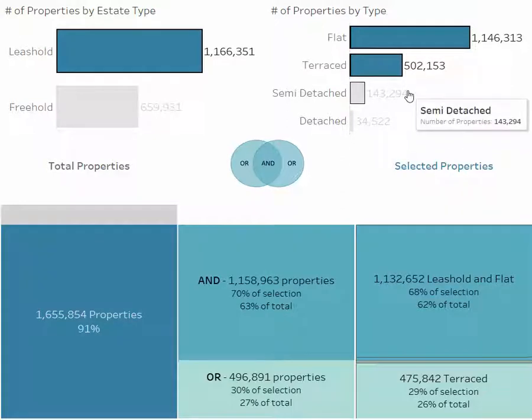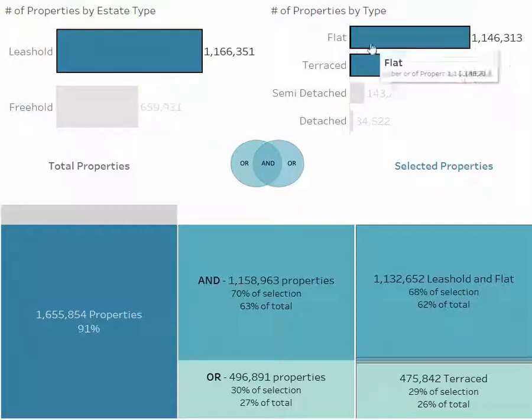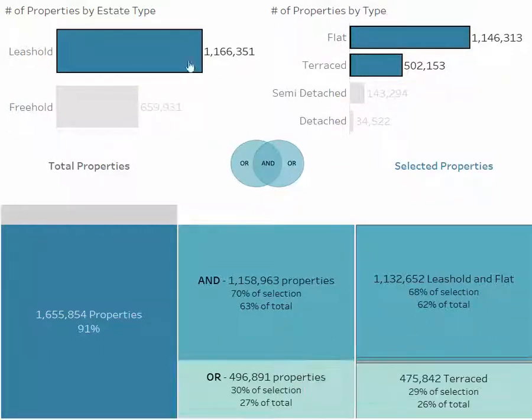And so if we add in now terraced, so if we say that we would take leasehold or a flat or a terraced property, then that gives you access to 91% of the market. Of that, 70% meets leasehold and flat or terraced, while 30% is leasehold and is either leasehold or one of these two conditions here.